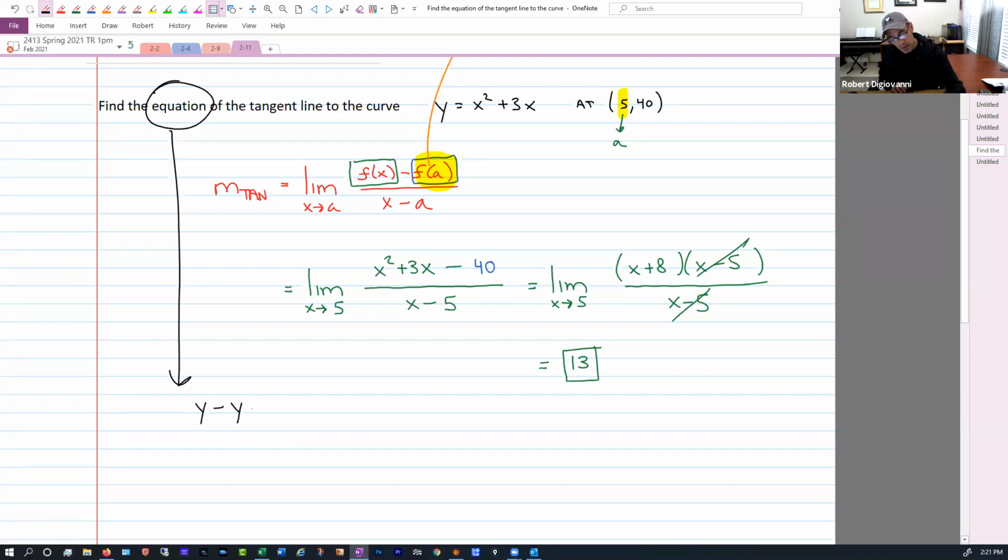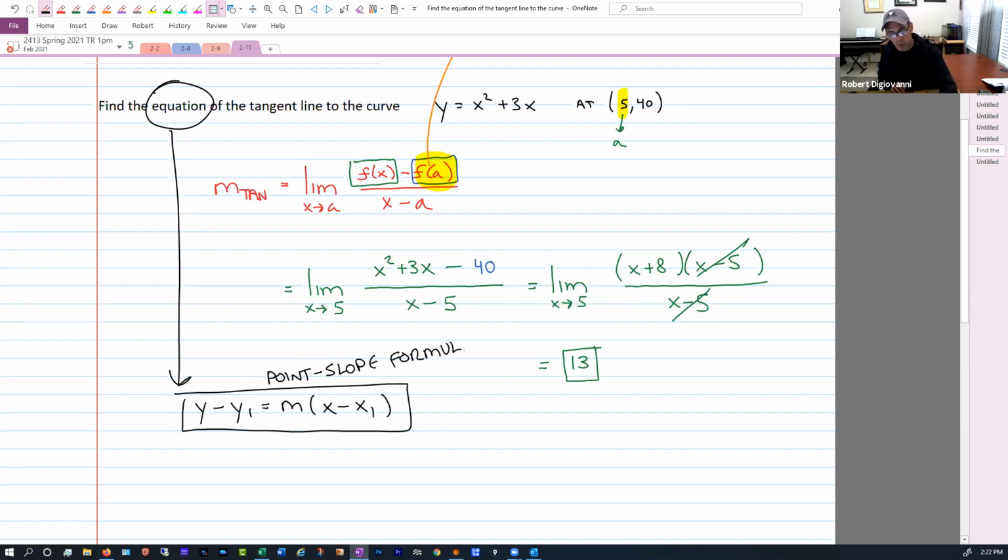We're going to use this formula a lot now. So remember that formula from college algebra. This is what we call in college algebra the point slope form of a line, or sometimes it's called the point slope formula. Does that look familiar from college algebra?